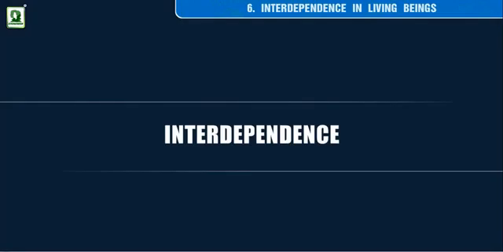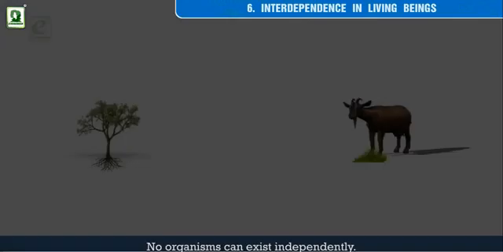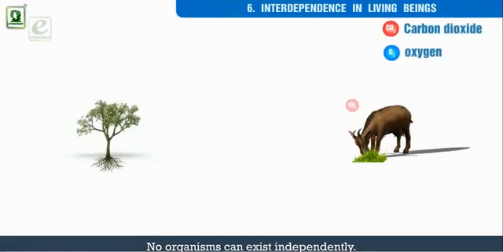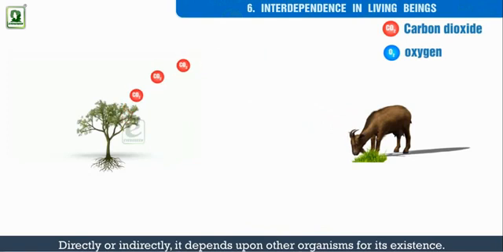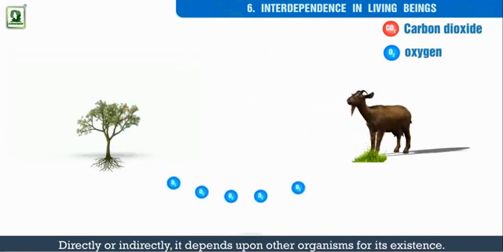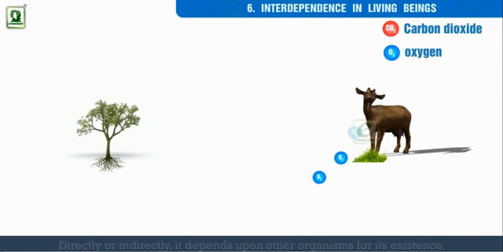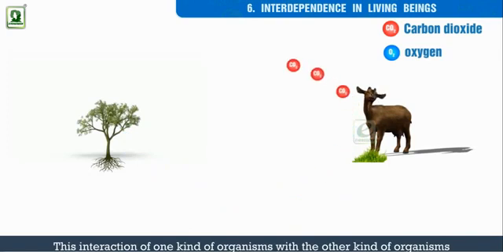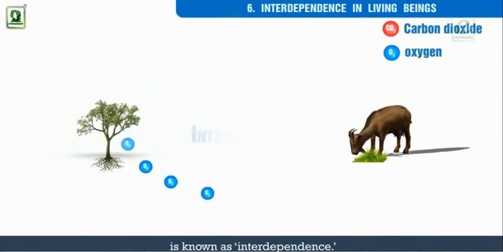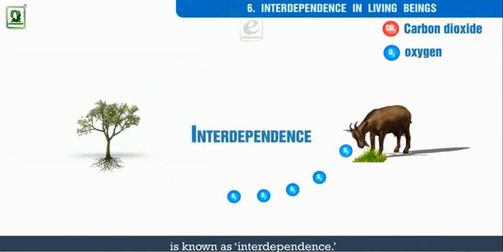Interdependence. No organism can exist independently. Directly or indirectly, it depends upon other organisms for its existence. This interaction of one kind of organism with another kind of organism is known as interdependence.